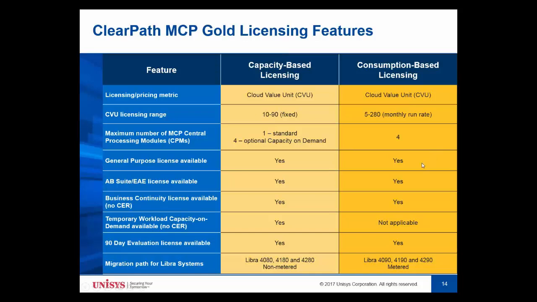You have general purpose licenses available, and AB Suite and EAE licenses can be used in either environment. And business continuance is also available for capacity-based or consumption-based. What's not available for consumption-based are the temporary COD keys. So 4 CPMs is the actual maximum for the consumption-based model.